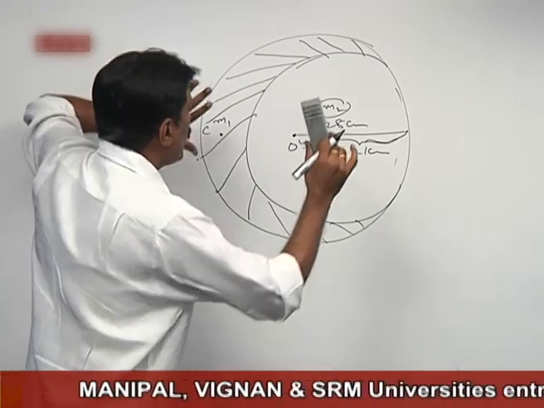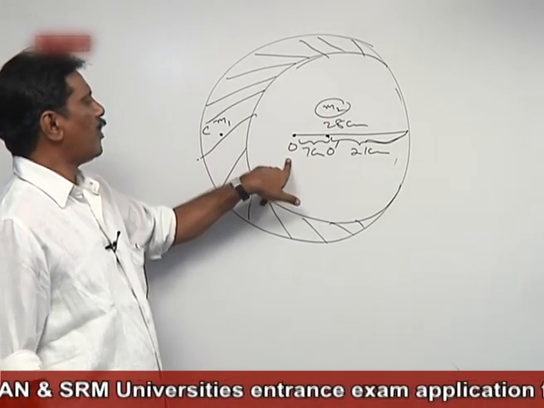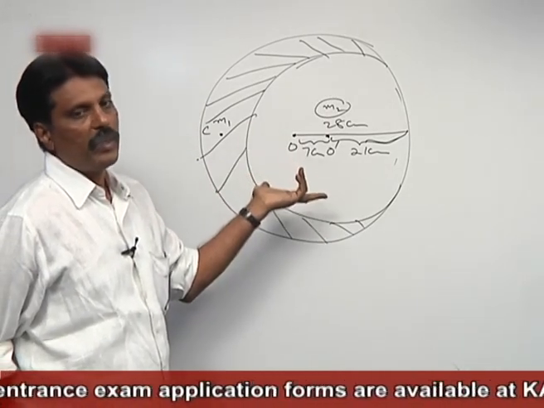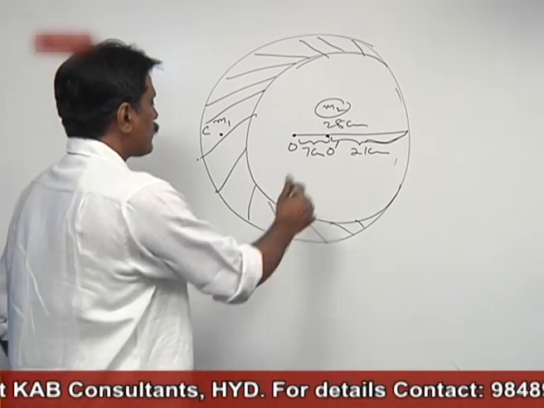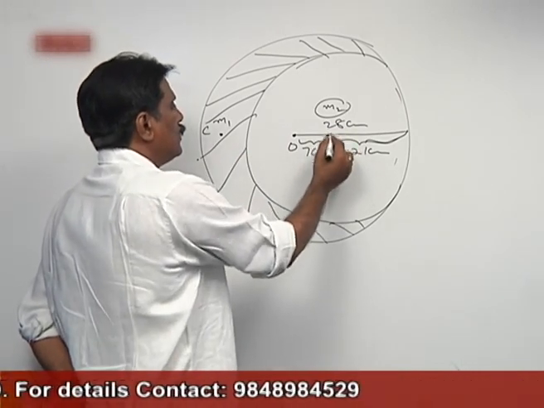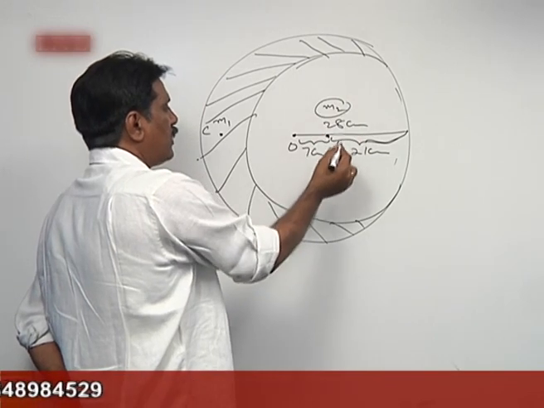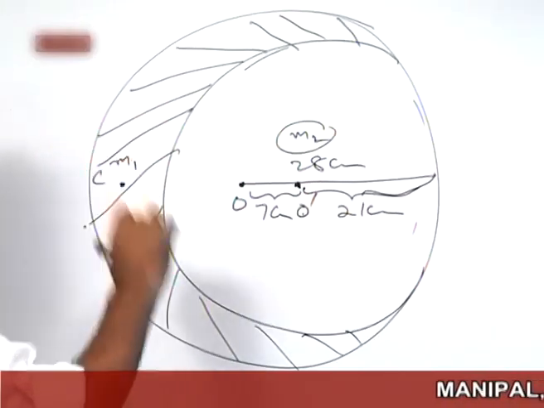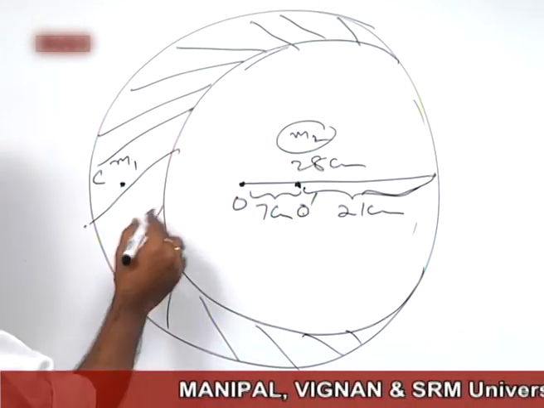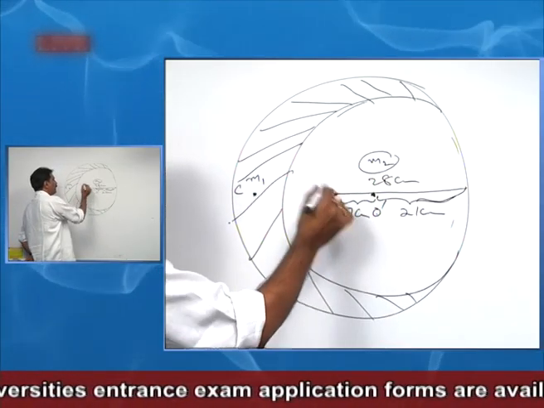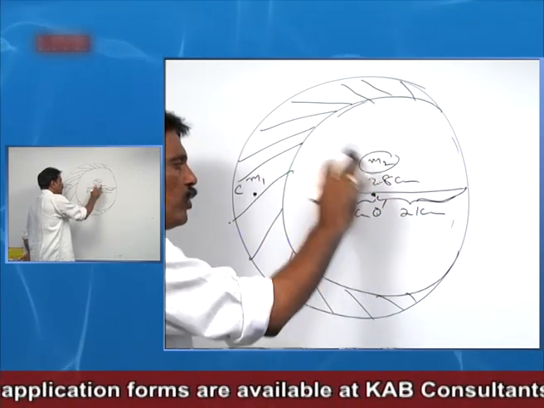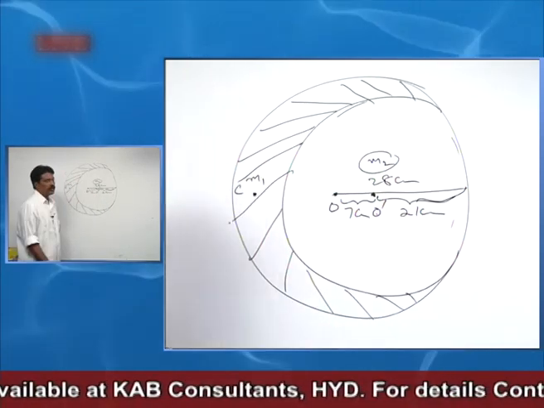When M1 and M2 are combined, you will get the center of mass at O, because it is a single plate. So, M2 is at center of mass O dash, M1 is at center of mass C. When combined, we get a single plate whose center of mass is the original center of the circle.